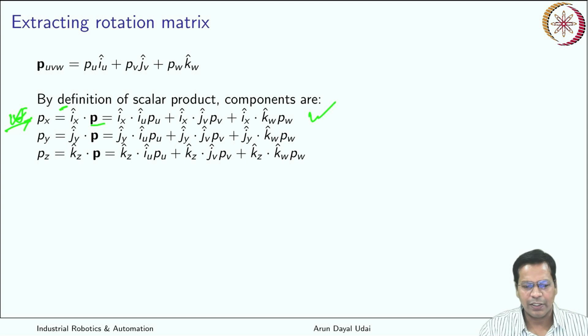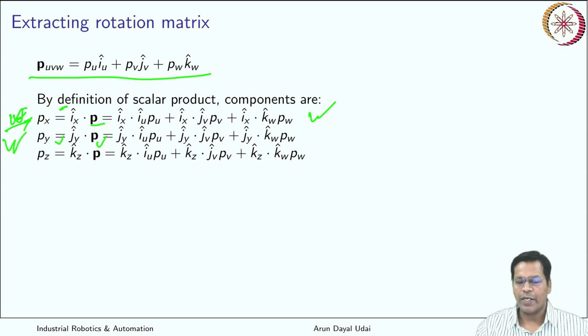So now I get Px, the projection of the position vector P along the x-axis. Similarly, if I take the dot product of jy and P, I get Py, which projects the vector P along the y-axis. Similarly, Pz. All three can be obtained like this.